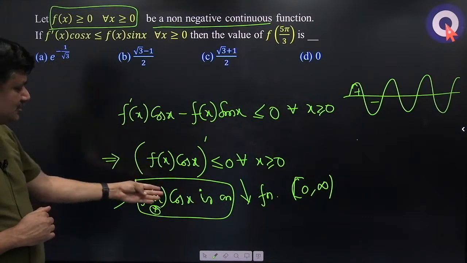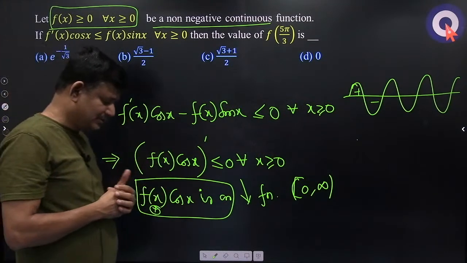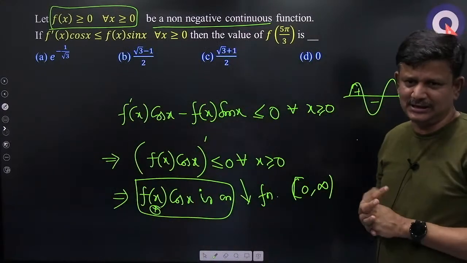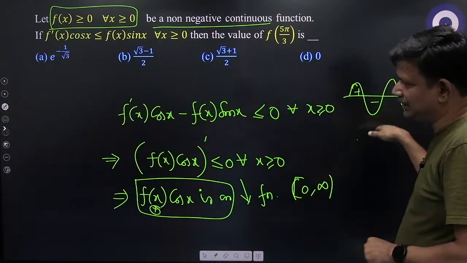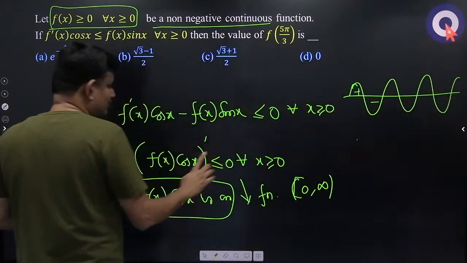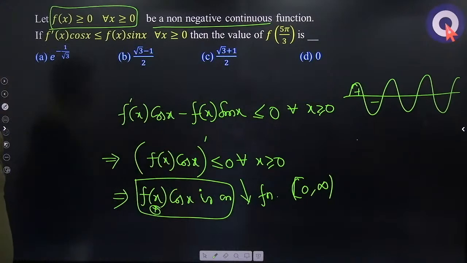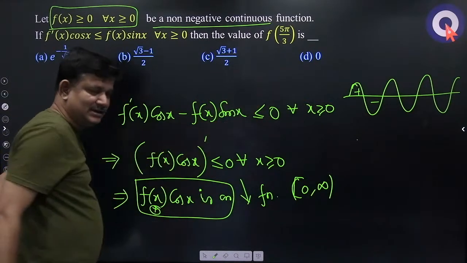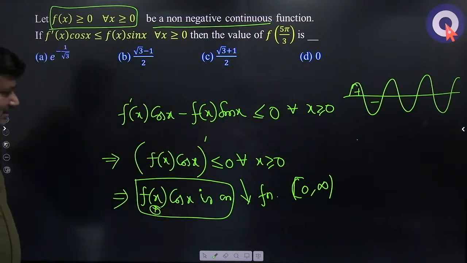So it cannot be a strictly increasing function or a strictly decreasing function. It is partly increasing, partly decreasing, partly increasing, partly decreasing. But what you got is the derivative less than or equal to 0. So this cannot be a decreasing function.